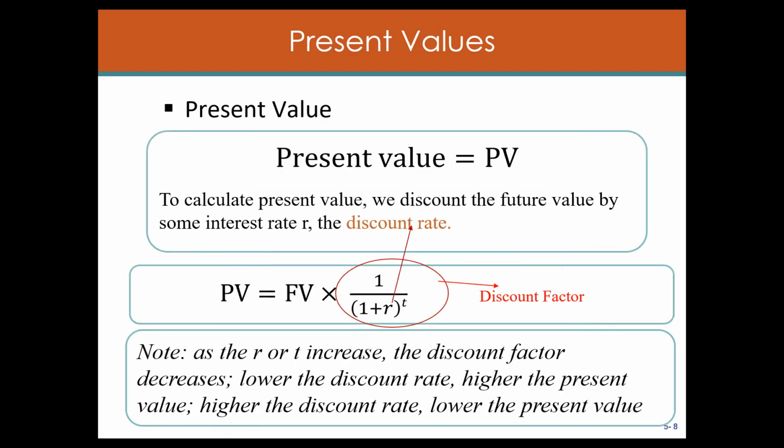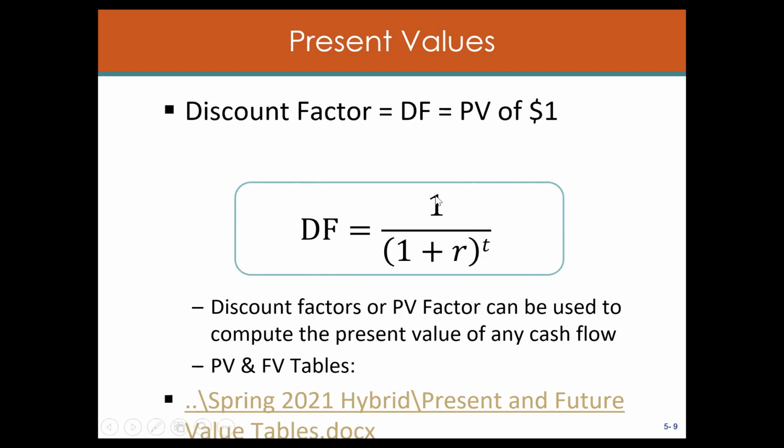Now, the beauty is that this discount factor is readily available everywhere. People make things simple for you. They calculate it. What does this mean? If I say the discount factor is 1 divided by 1 plus r to the power t, it simply means this is the present value of $1 received after t time periods.